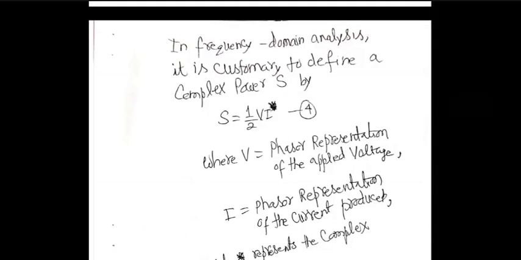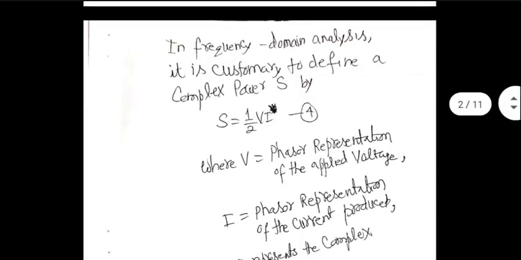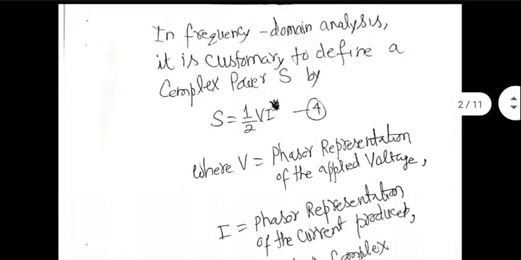Now, at this point, I need to bring in another concept, which is actually fundamental to this course, that probably is known to you again, but let me reiterate this. There is a concept called complex power, which essentially is the phasor domain representation of the fact that the instantaneous power has a constant part as well as a time varying part.